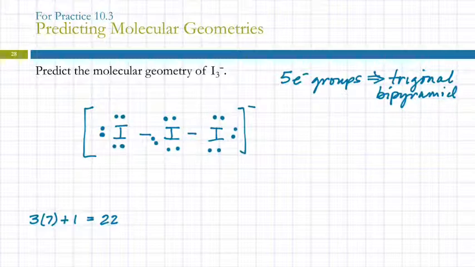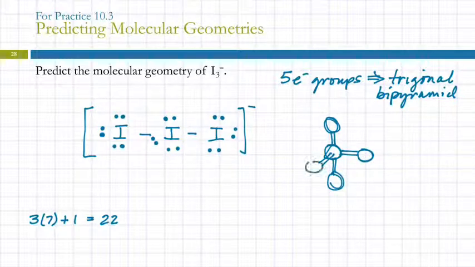So if we sort of sketch out a trigonal bipyramid, so these are the axial and then these are around the middle. So that's the electron geometry. And then to determine the molecular geometry, we're going to replace these with lone pairs. So that's a lone pair.